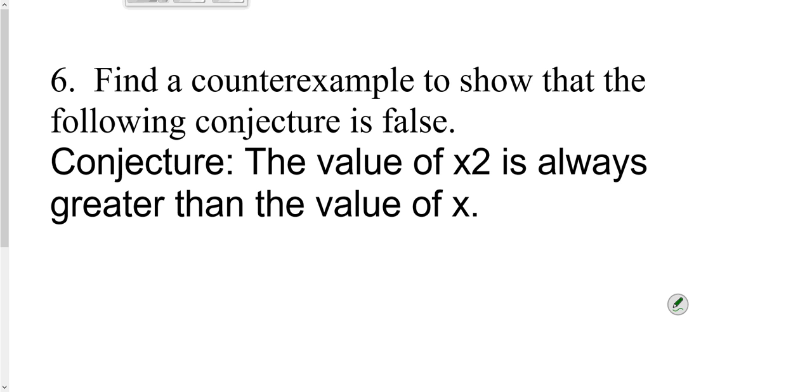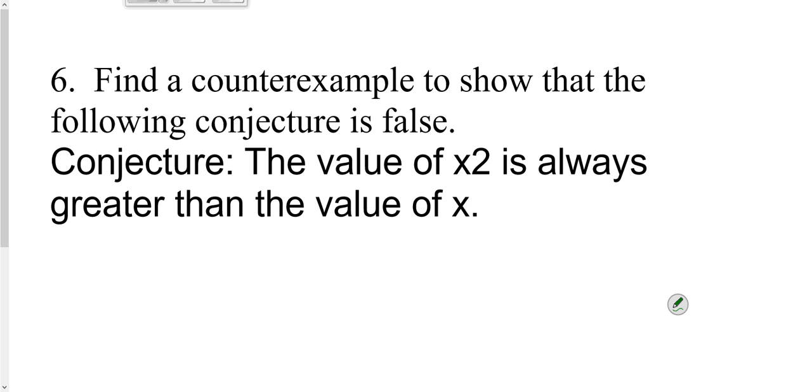So, well, if we square 2, it's 4. So that value is more than x. And if we put in 3, then it's 9. That's still more. So we've got to think differently than those whole numbers.